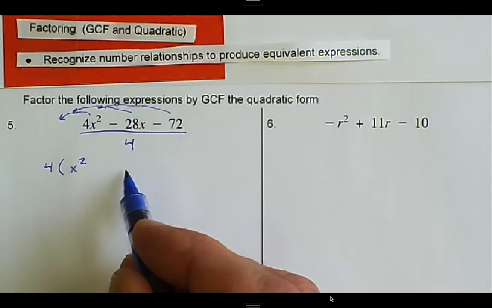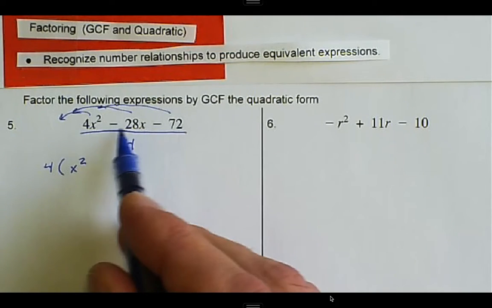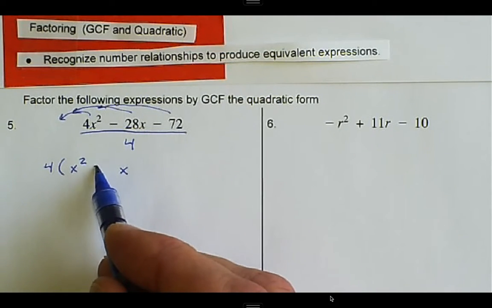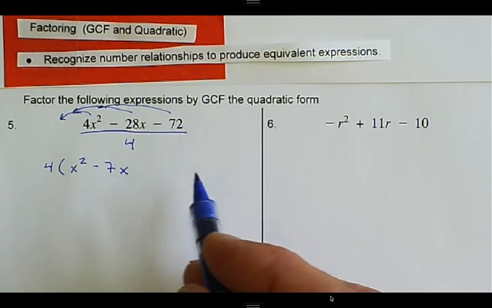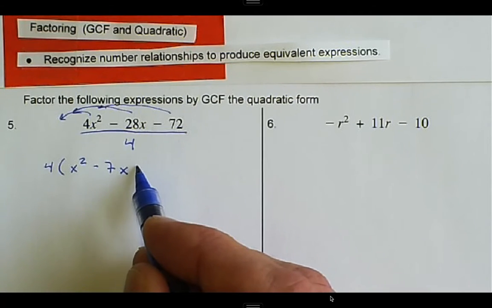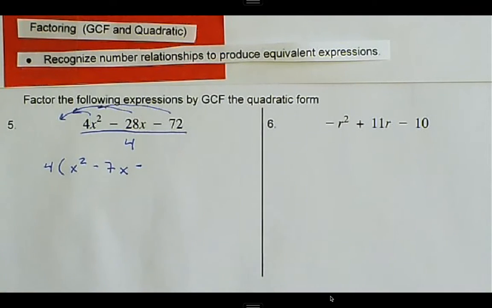We don't have an x, so the x will stay. That will be our linear term. And negative 28 divided by 4 is negative 7. And then the last one is negative 72 divided by 4, and that is negative 18.